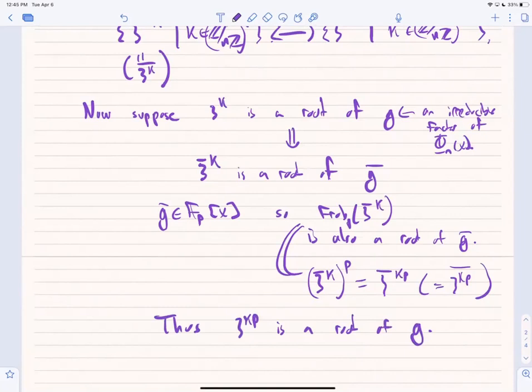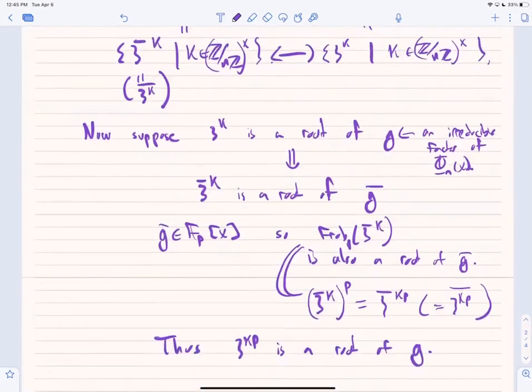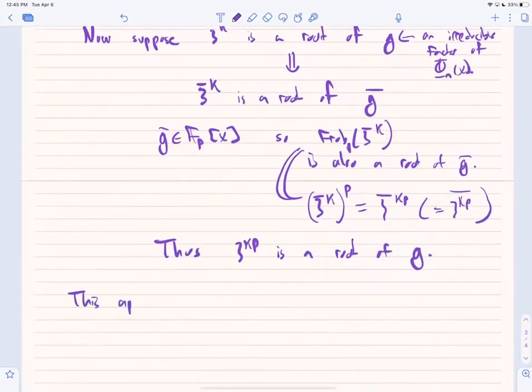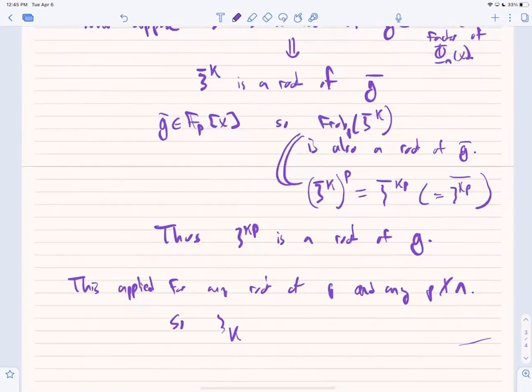This applies for any root of G and any p not dividing n. So if zeta to the k is a root of G, then so is zeta to the k to the p.